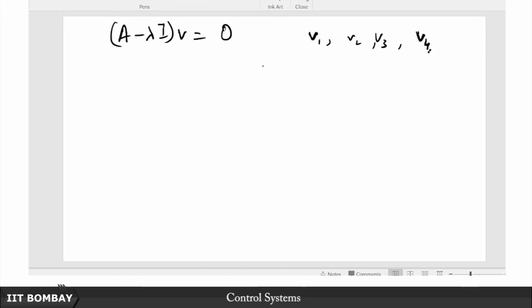Now from this v1, you might try and generate a preceding vector. How do you generate that? Let me be a little methodical about this.